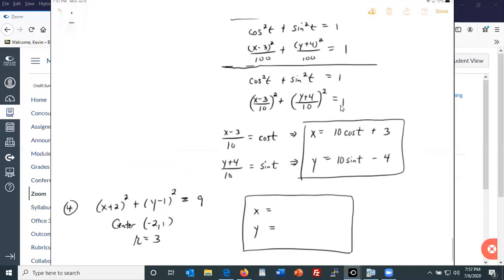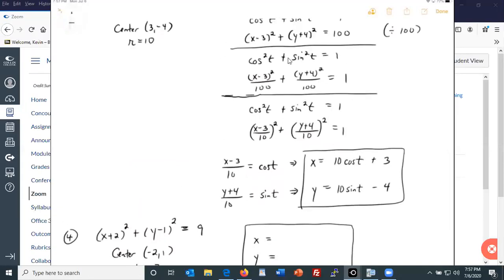So just think for yourself, if you look at number 2, what was the radius? The radius was 10. And notice that the cosine and the sine get multiplied by the radius. And then the x-coordinate of the center was +3, and that +3 is reflected in the x equation as it's added to the 10 cosine. And the y-coordinate of the center is -4, and notice how that is subtracted from the 10 sine in the y equation.